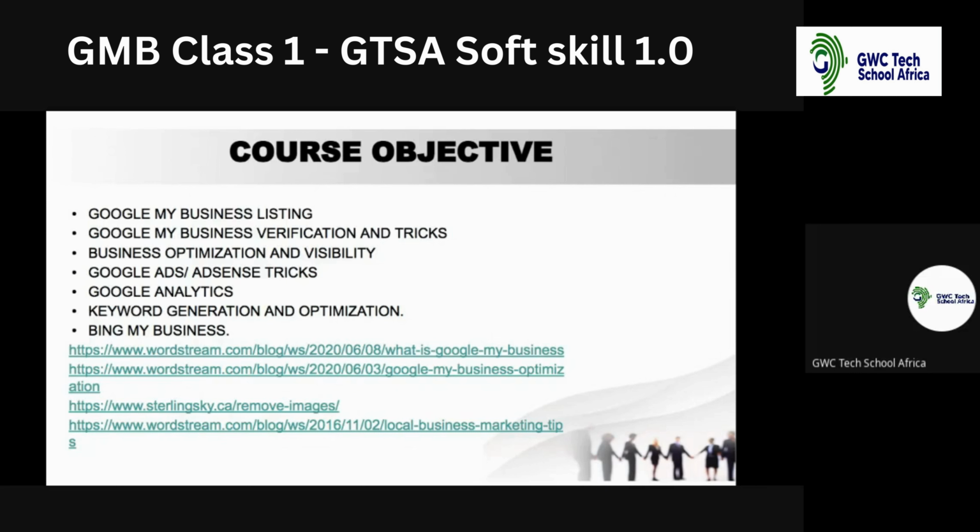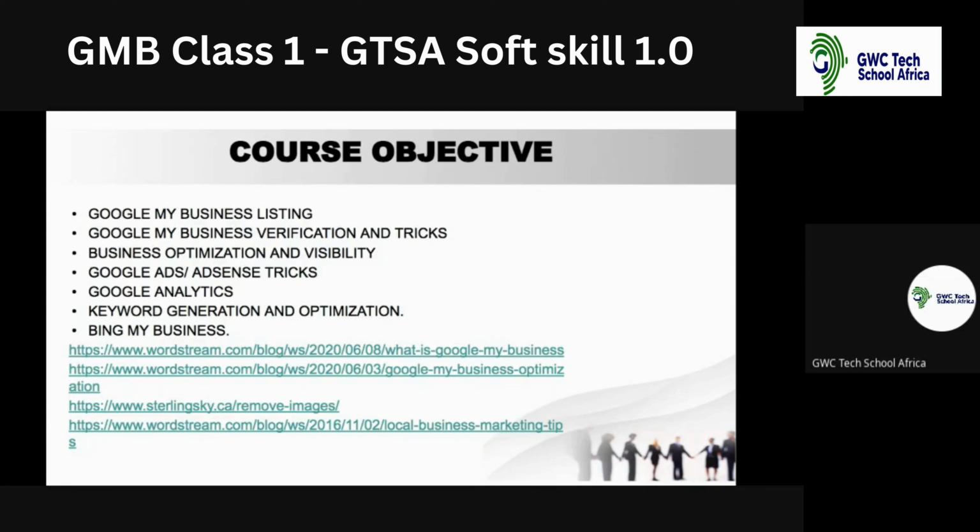We are going to be learning also business optimization and visibility. We also learn the Google Ads and AdSense cheats, that's the tricks in getting Google Ads and AdSense. We also learn Google Analytics and keyword generation and optimization. Then finally we will do Bing My Business.